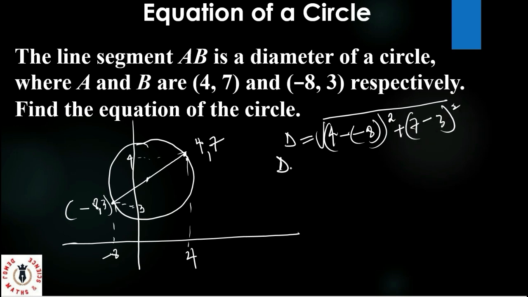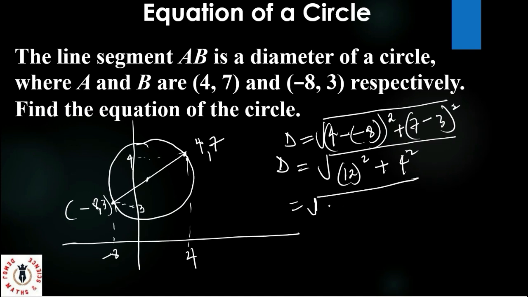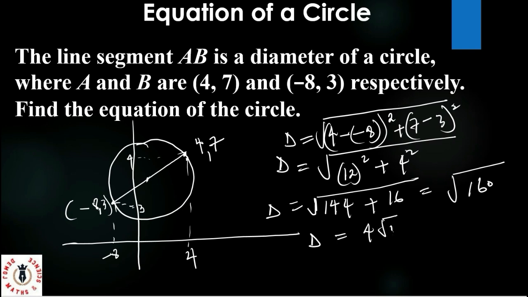So that my d now will come from the square root of 4 minus 8, that's 12 all squared, plus 4 all squared, which will come from d now will be the square root of 12 times 12, that's 144, plus 16. That will be the root of 144 plus 16. That's 160. So that d obviously is 4 root 10.